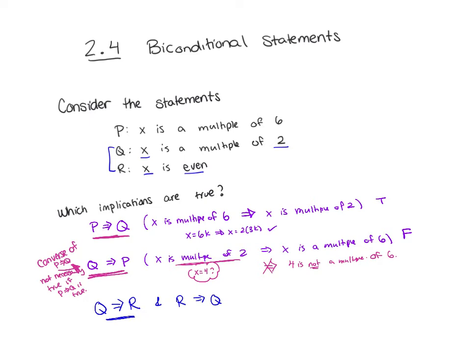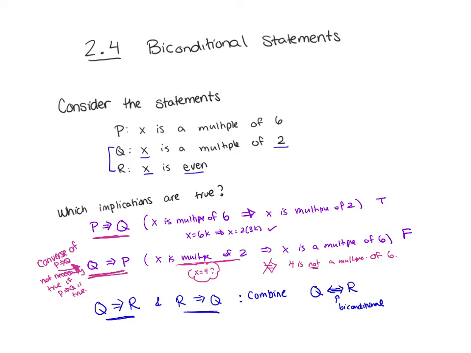So I get both of these implications, and we can combine those two implications into a new implication. So I would write Q, and then I'd have an arrow going both ways, and then R. So this is my biconditional. We would call this an if and only if. And we'll see that on the next slide.